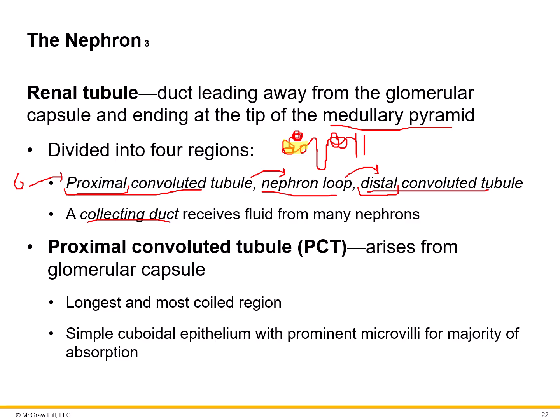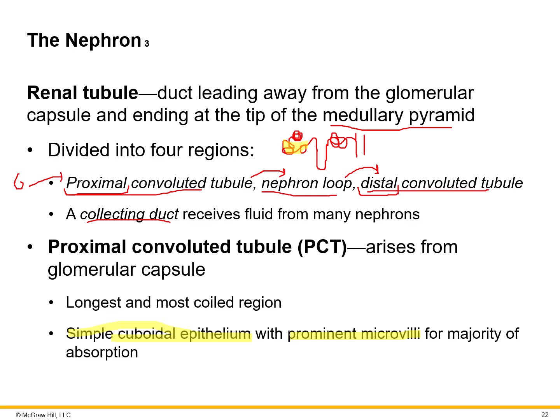And of course, structure equals function. So we're going to see some similarities between them, but a lot of them are going to have unique structures. So again, proximal tubule, longest and most coiled. We get simple cuboidal epithelium with prominent microvilli.